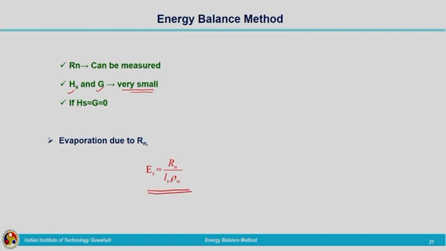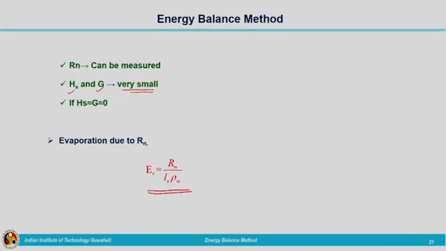by Lv rho w. So, we have seen the complete processes taking place within the pan. All the steps we have seen in detail, and look at the final expression. Evaporation due to net radiation is a very simple expression, given by net radiation Rn divided by Lv rho w.